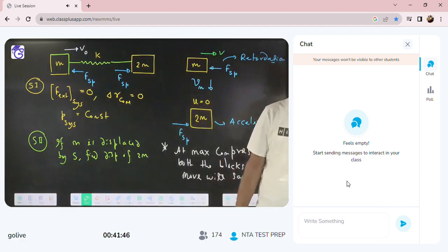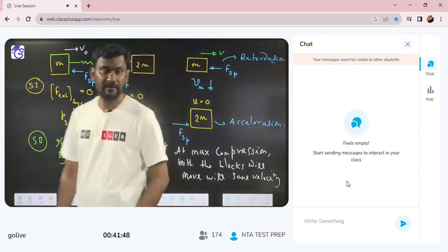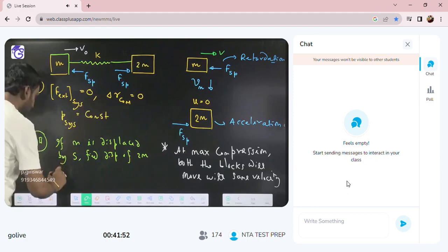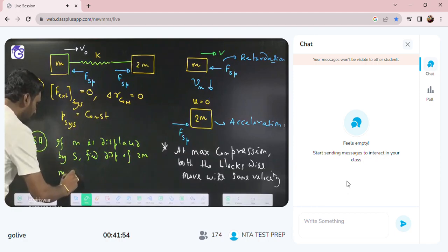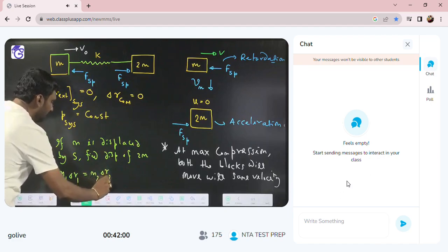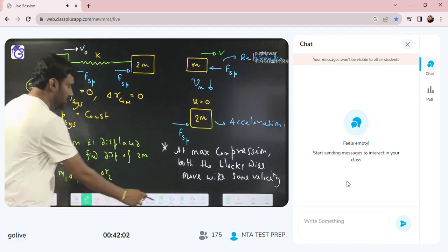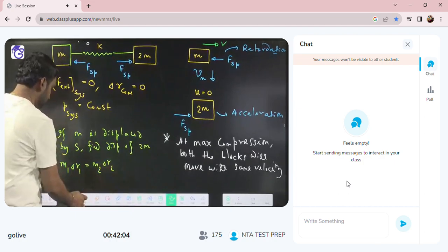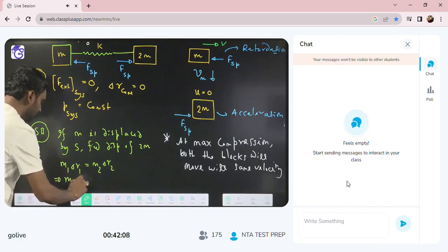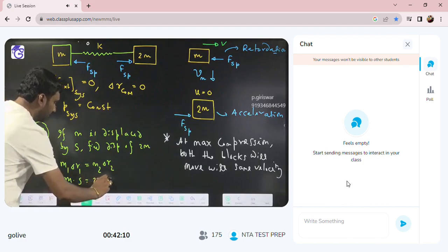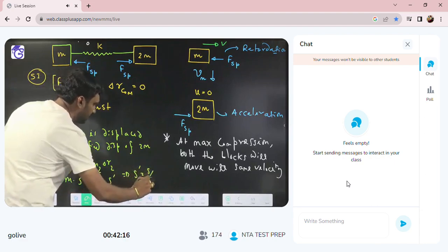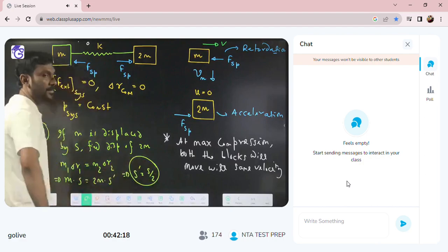What to apply? We know m1 delta r1 is equal to m2 delta r2, which brings us to the result m into s is equal to 2m into s prime. So we will get the answer s prime is equal to s by 2.